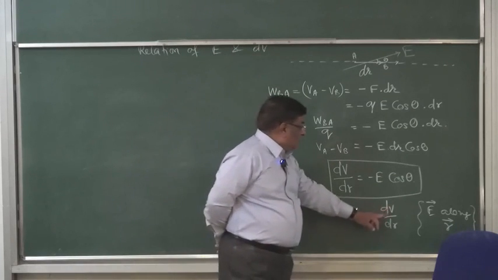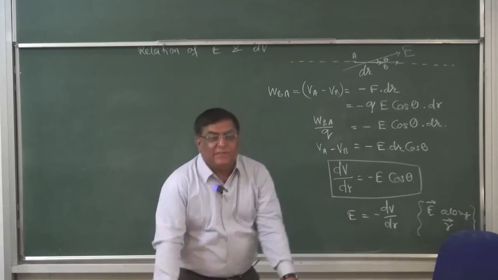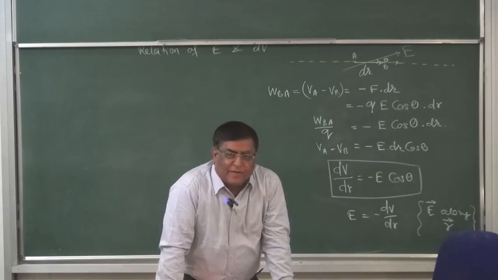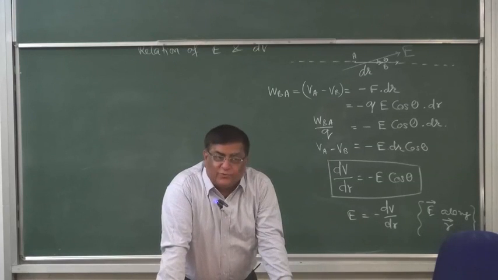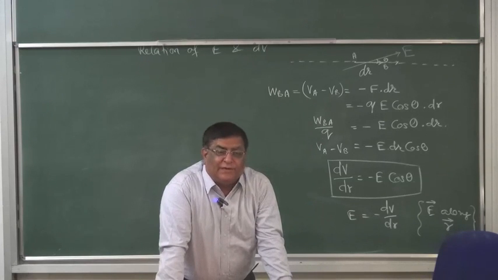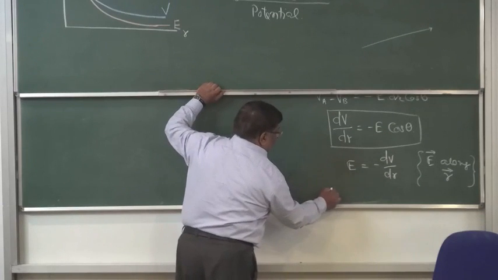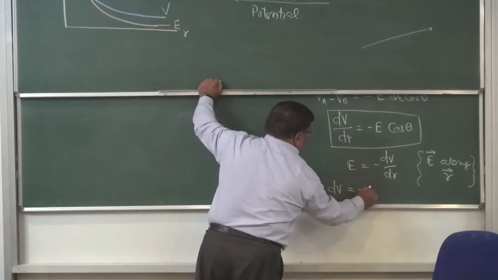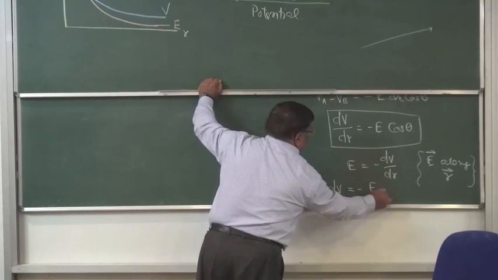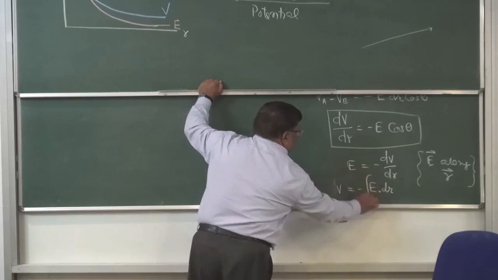Now this is a scalar quantity and this is a vector quantity, but this is a relation because E is along r. So this relation helps us a lot. We are going to use this relation a lot in physics, that electric field is given by dV by dr. With this we can make potential difference equal to minus E dr and integrate.